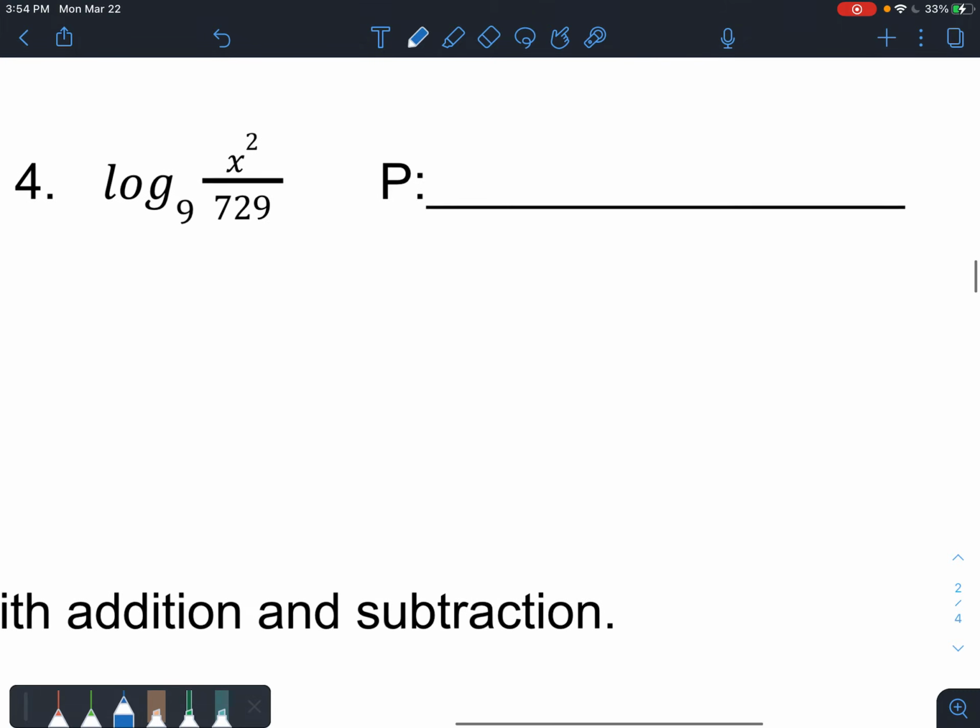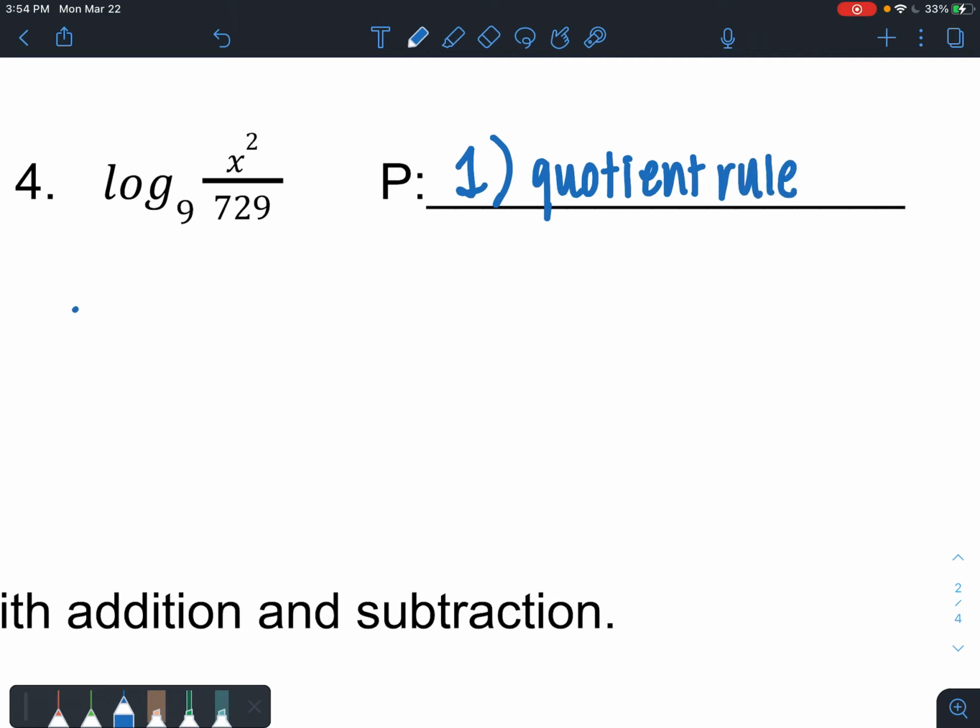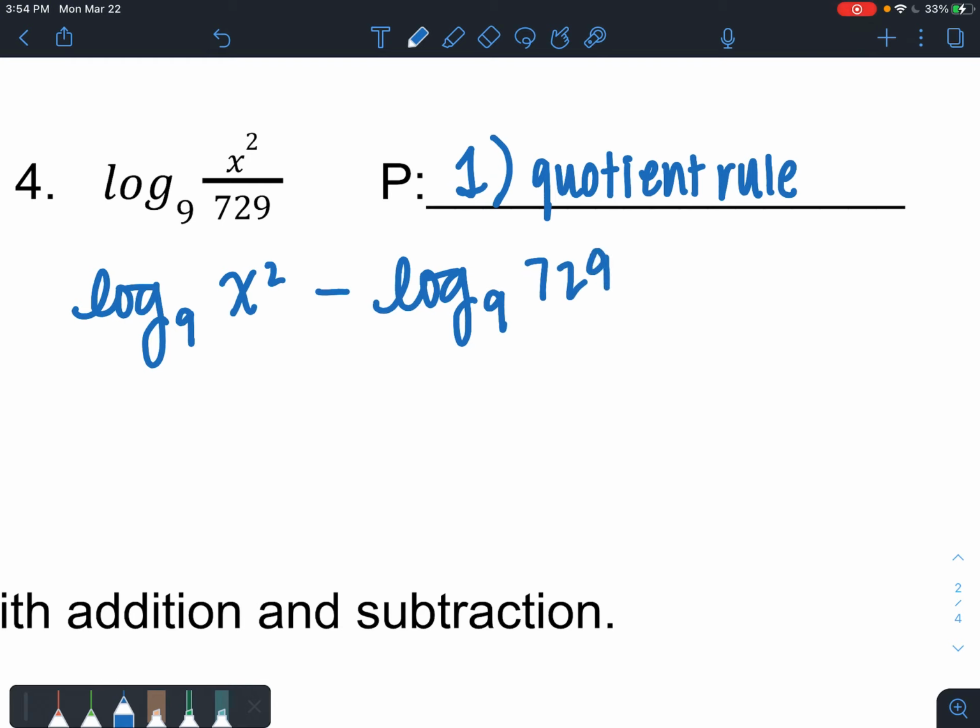Last but not least, this one here, I've got two products again. So first, let's use the quotient rule. So I'm going to turn this into log base 9 of x squared minus log base 9 of 729.